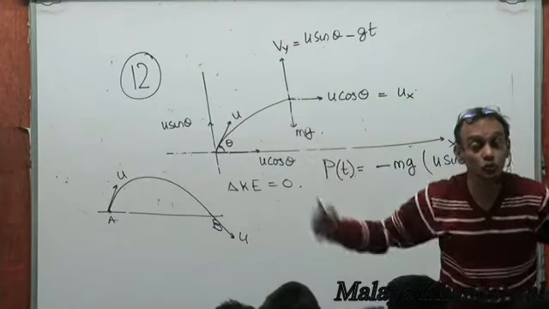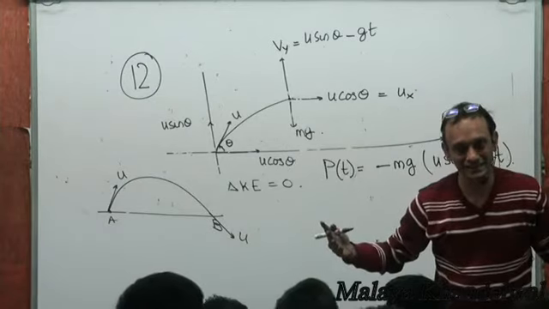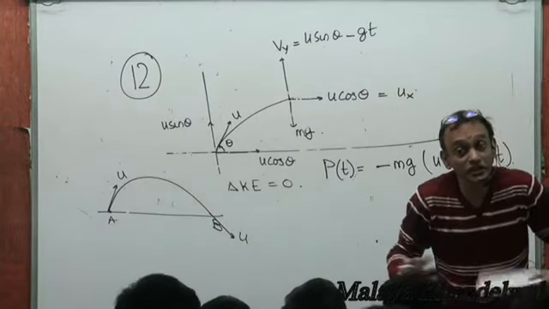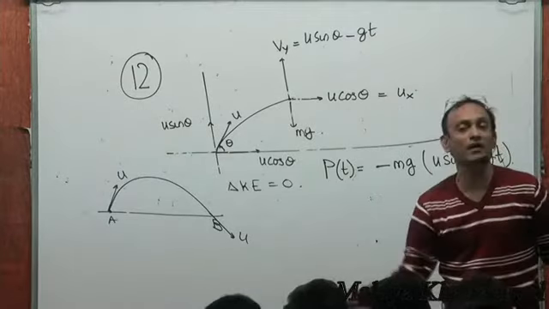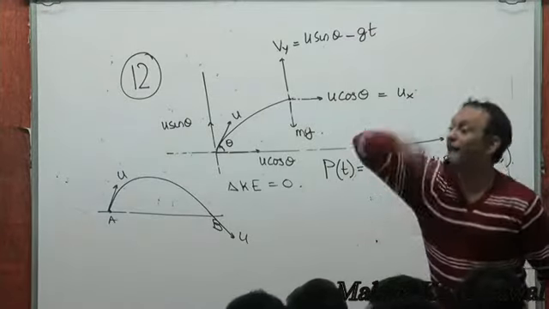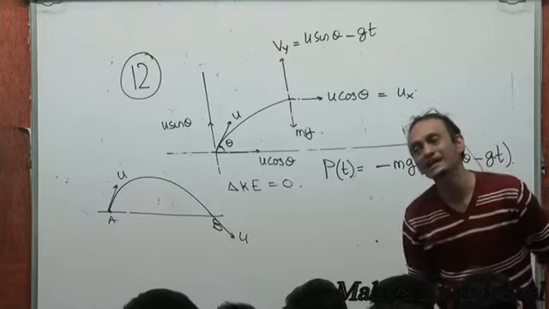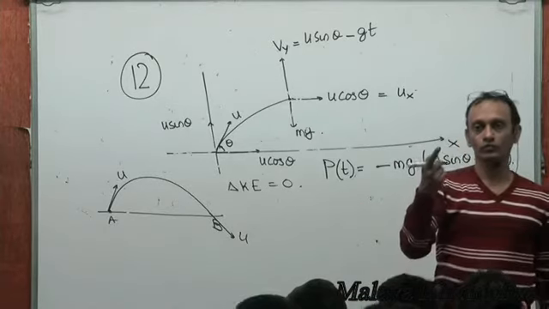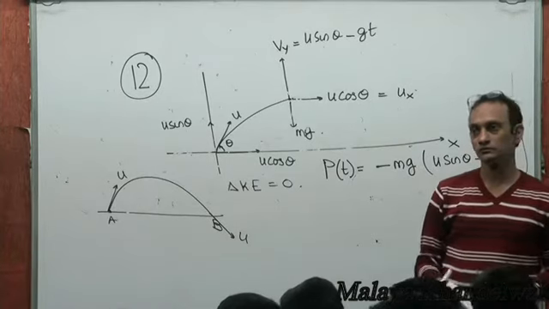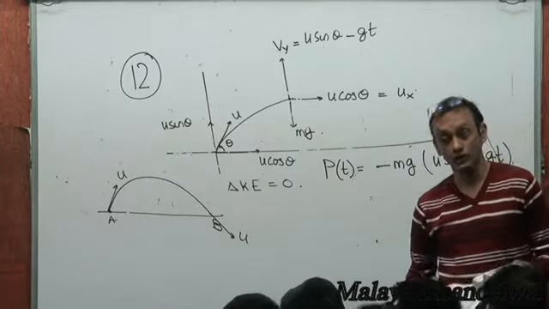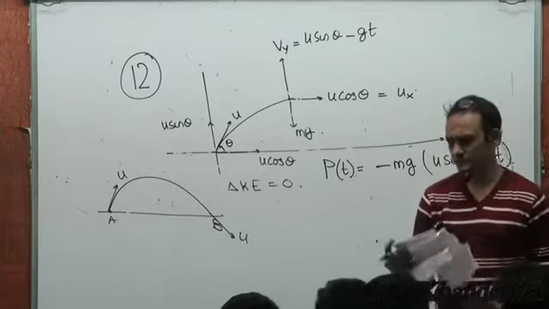Right? That's why there is no net change of kinetic energy. Power should have resulted in a change in kinetic energy. If there is no change in kinetic energy, that means the average power for a full time of flight, capital T, must be zero. Isn't it? The average power must be zero for a capital T. Right?